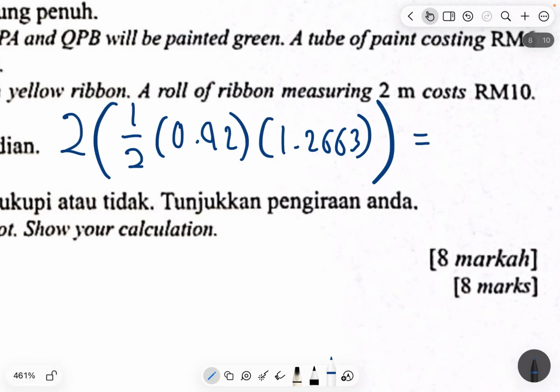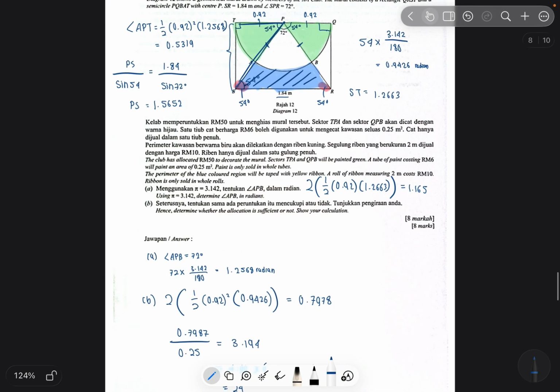Let me click on the calculator first. 1.16499996. I'm just going to round this so it becomes 1.165. Okay, so hopefully whatever I clicked here is correct.